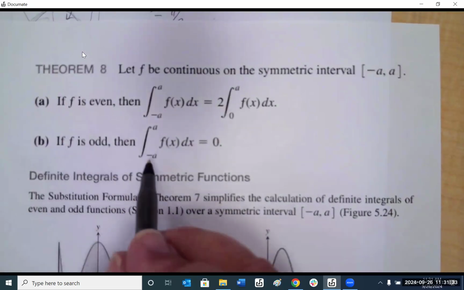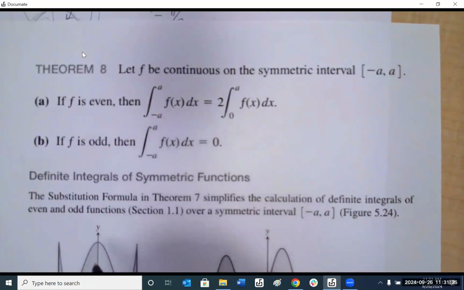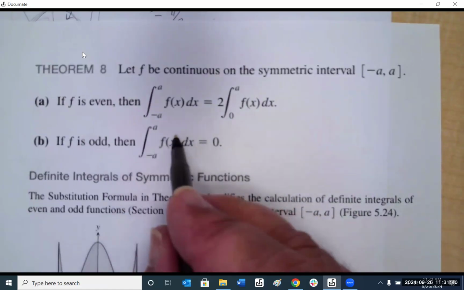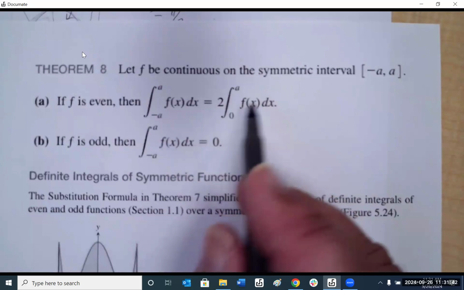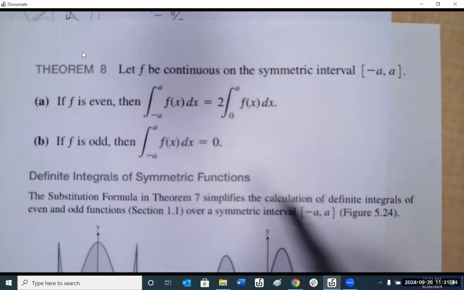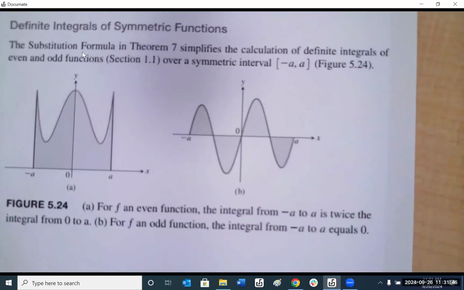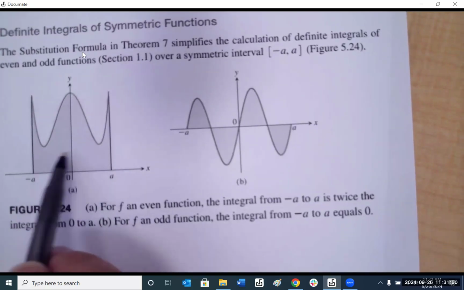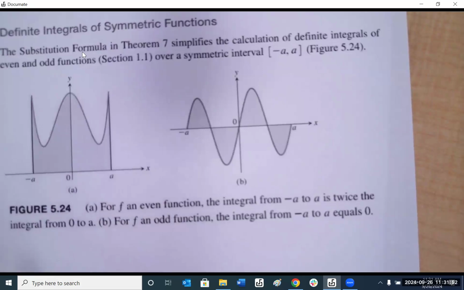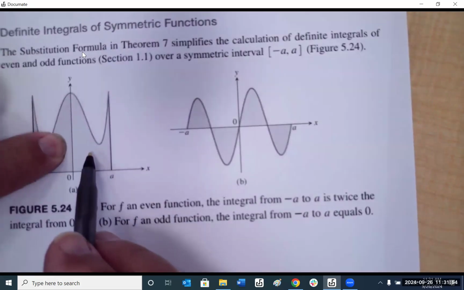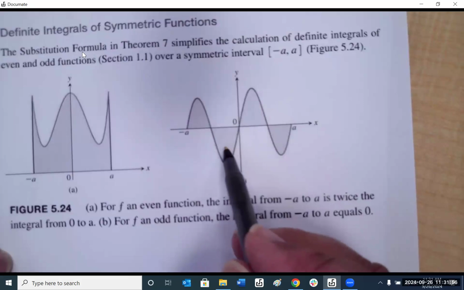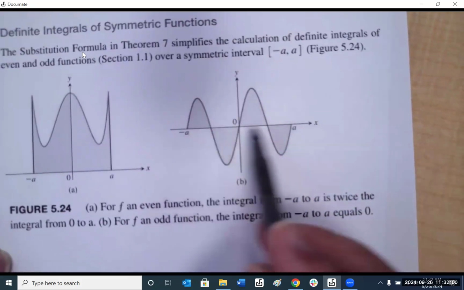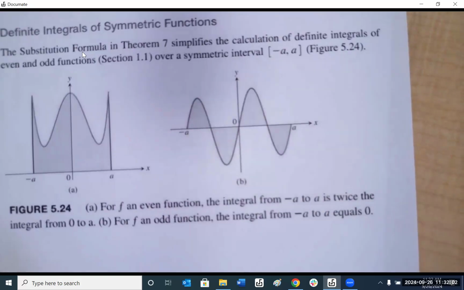If it's odd, from negative a to 0 is negative, and from 0 to a it's positive, same values, and they become 0. If it's an even function, we just add the two together, or it's twice one side. If it's an odd function, then from negative a to a, they cancel each other out and become 0.